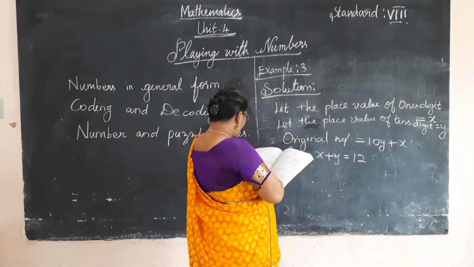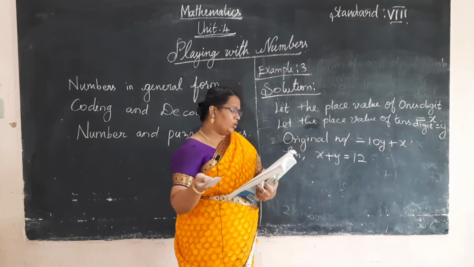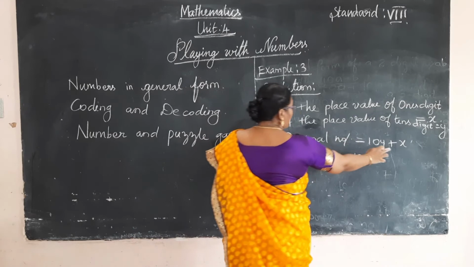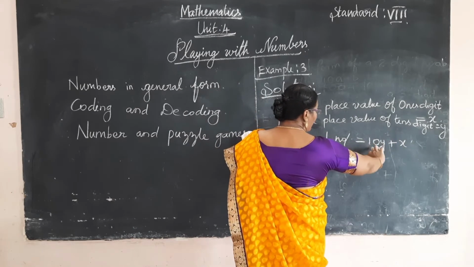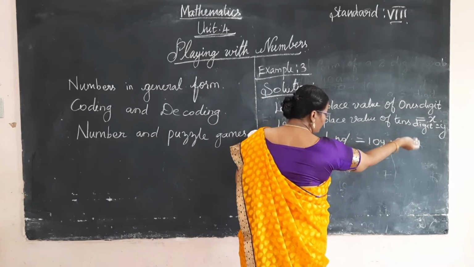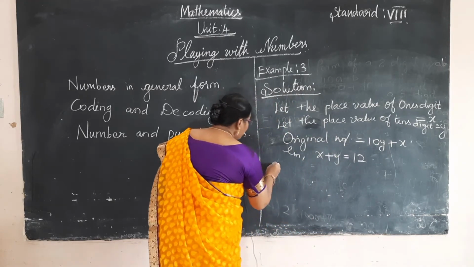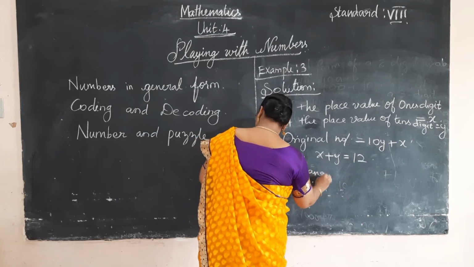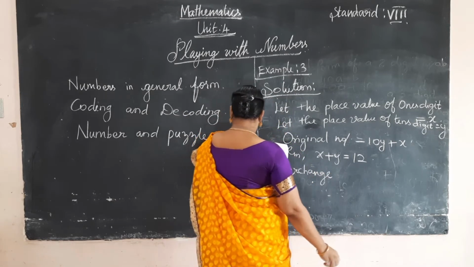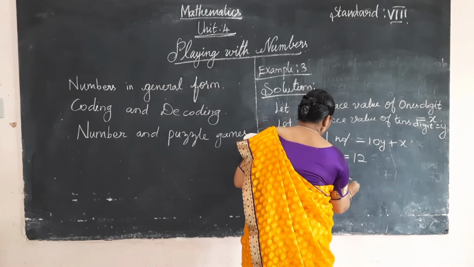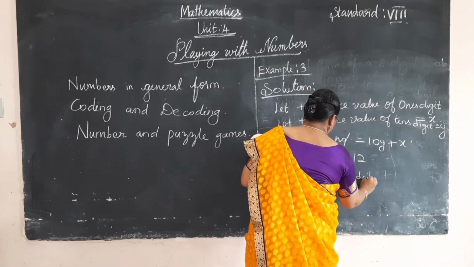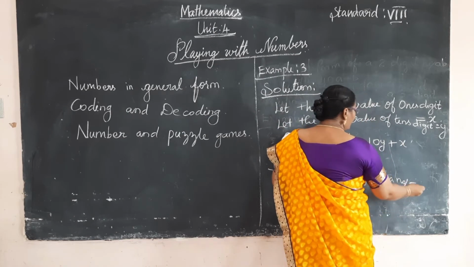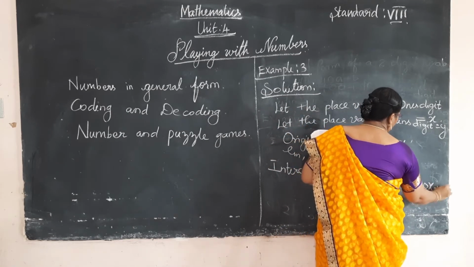And then if both digits are interchanged, the ones digit moves to the tens place and the tens digit moves to the ones place. So interchanging the digits of a number, it is equal to 10x plus y.